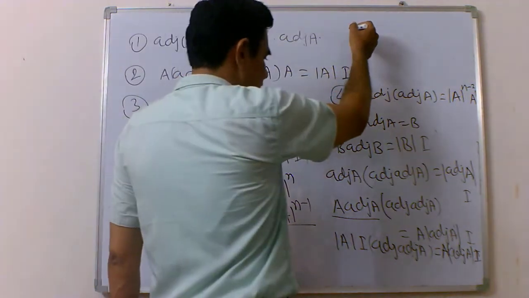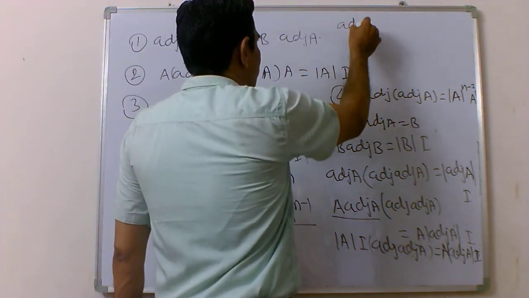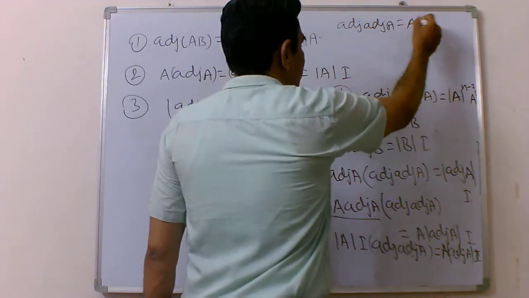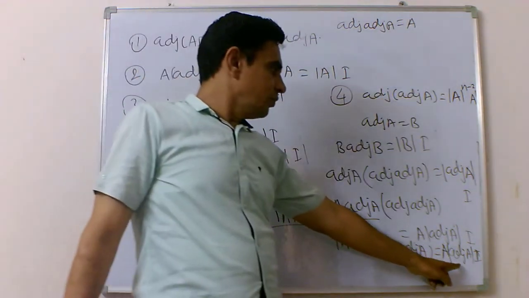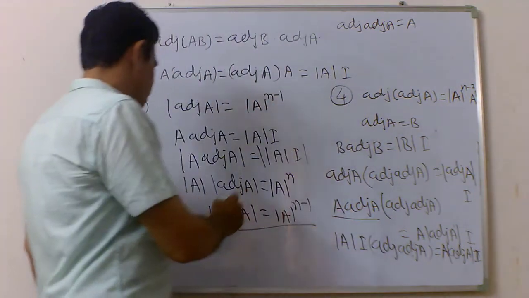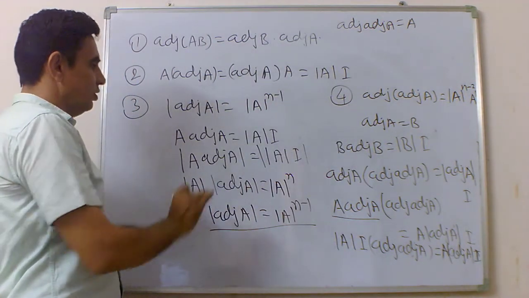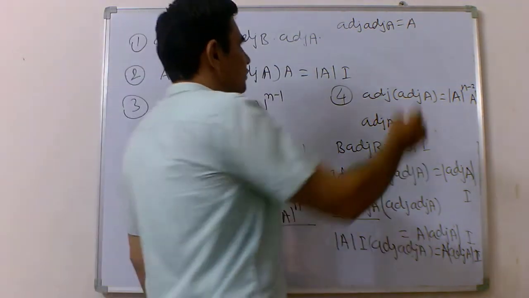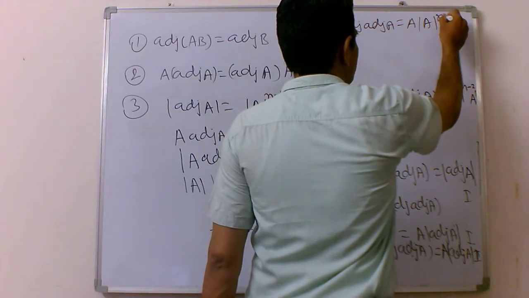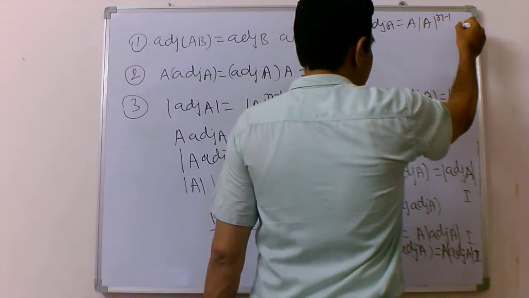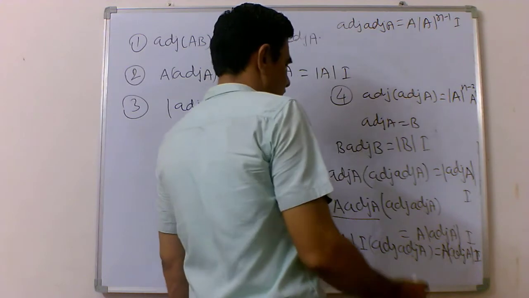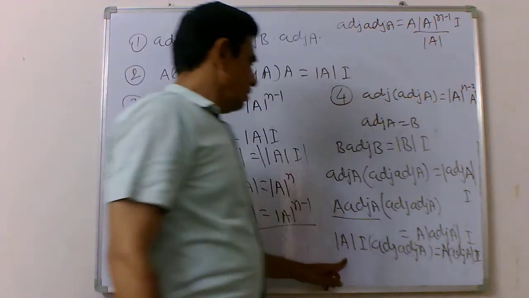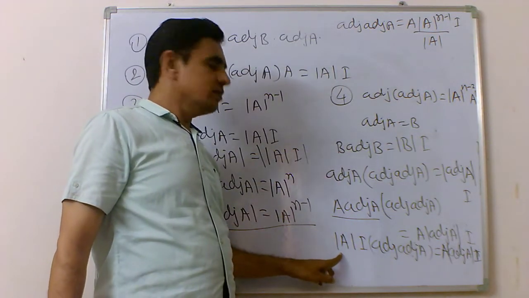So after that we write here adjoint of adjoint of A is equal to A into, we know determinant of adjoint of A. See here, determinant of adjoint of A is equal to determinant of A raised to power n minus 1. We write here determinant of A raised to power n minus 1 into I by determinant of A. Divide here, eliminate this determinant of A.